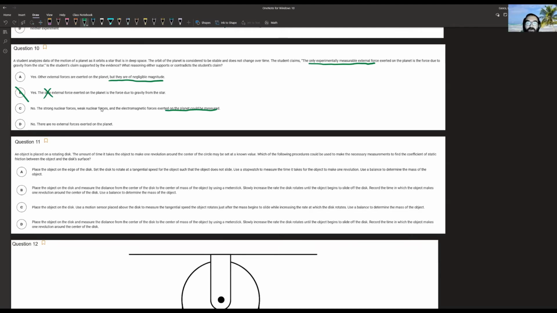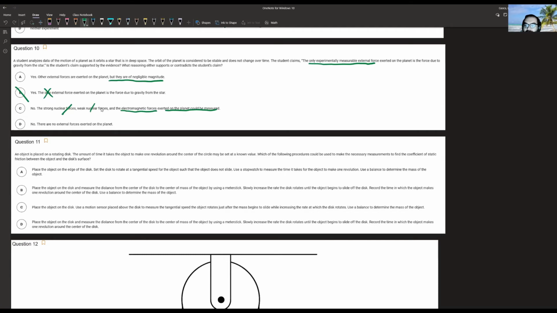Eventually, we put the protons so far apart that the strong nuclear force between them is very weak, and the repulsion of those protons is very large. Weak nuclear forces only occur in the nucleus. These are called nuclear because they can only act on distances the size of a nucleus. So they're not going to be able to be measured.